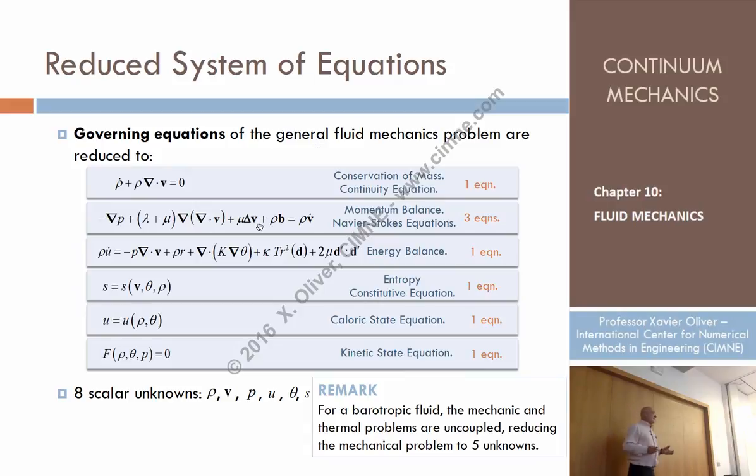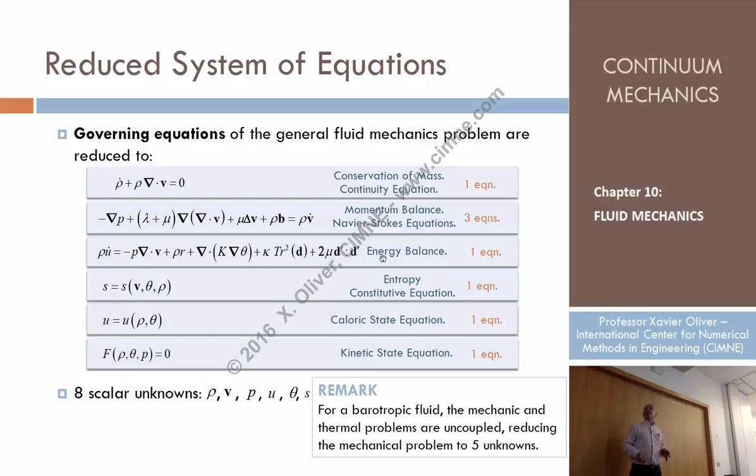So now, after this manipulation, we see that the problem gets simpler. We have the conservation of mass, the momentum balance, which is, don't forget, the Navier-Stokes equations. Force equal mass times acceleration.